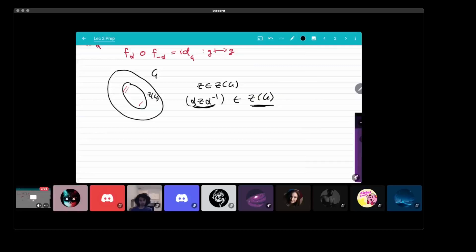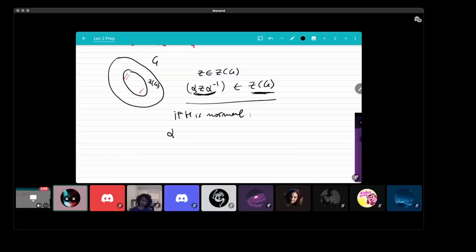So more generally, H is normal if and only if this conjugate of H is in H. So it means that every element of H gets sent to some other element of H, to themselves. Only for inner automorphisms, by the way.